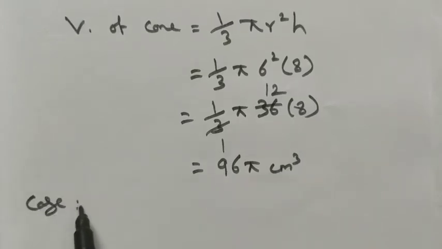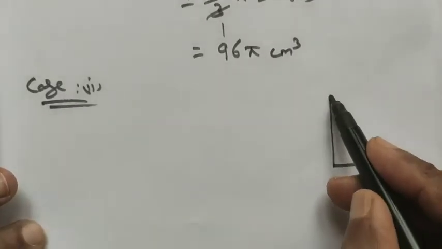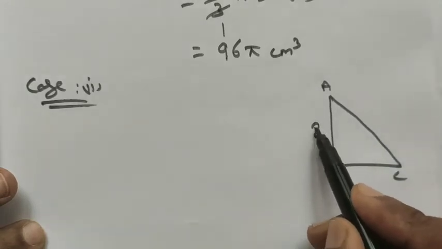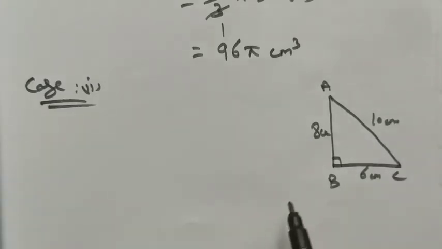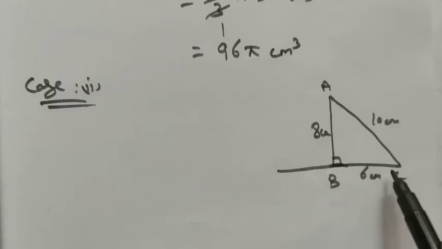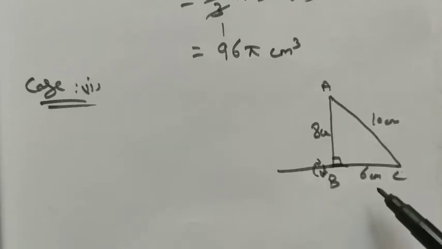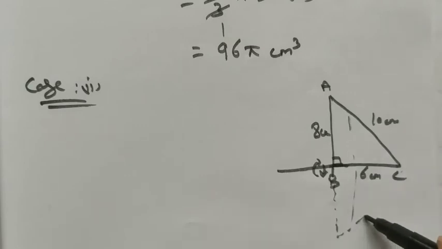Next, in case 2, I am drawing the same diagram. This is A, B, C, this is 90 degrees, here it is 8 centimeter, this is 6 centimeter, this is 10 centimeter. Now I place the stick here. If it revolves around the side BC, then it rotates to form a conical shape like this.